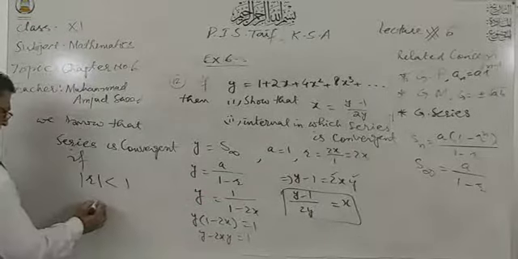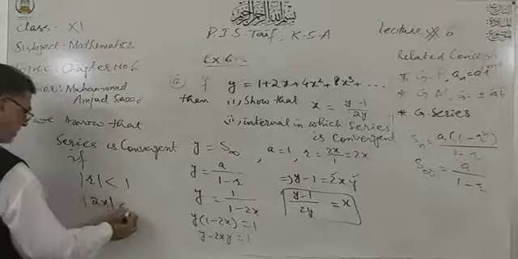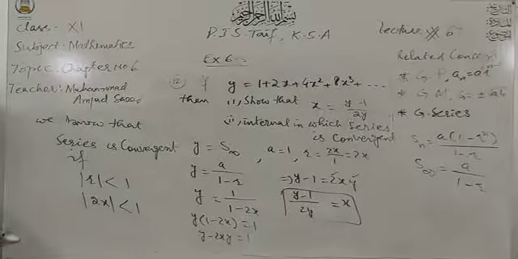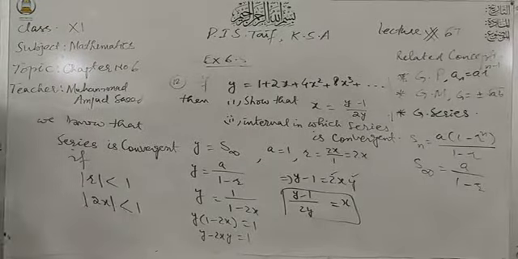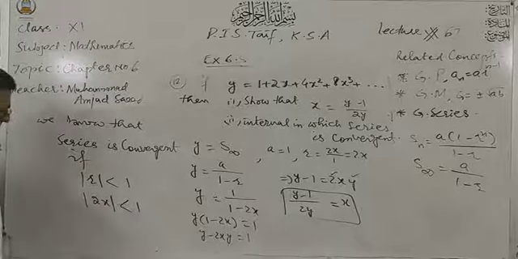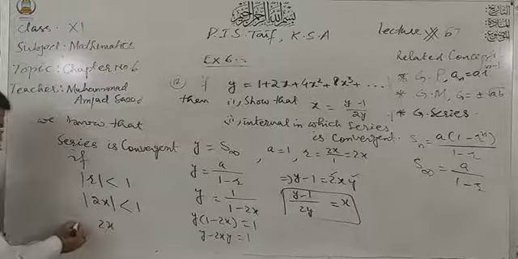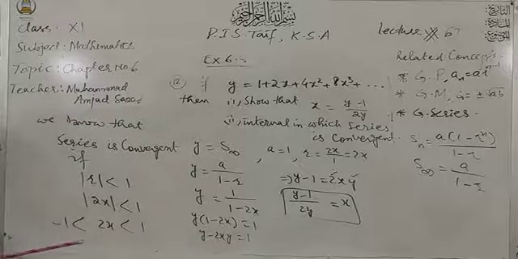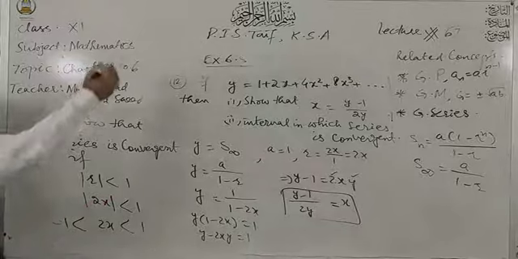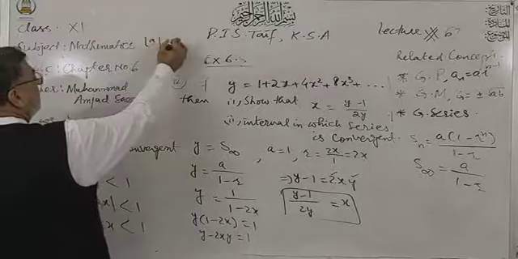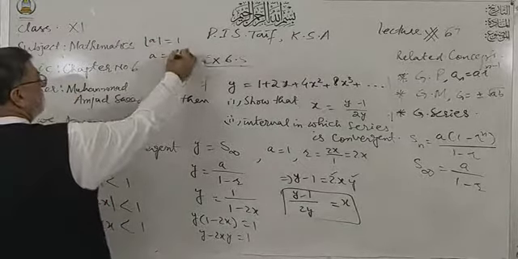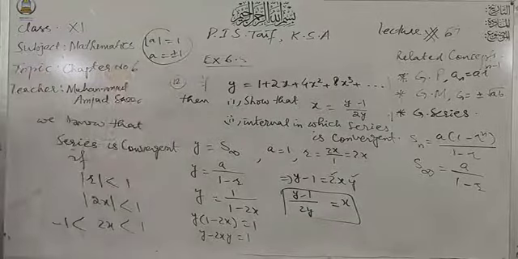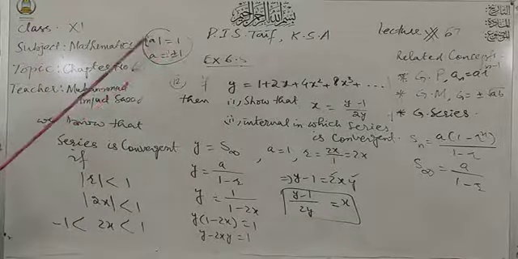So you can have mod 2x is less than 1. If you remove this absolute value sign, then you can have 2x is less than 1 and greater than minus 1. You know that when you open up the absolute value function, it is always plus minus 1, because plus 1 is equal to 1, minus 1 mod is equal to 1 also.